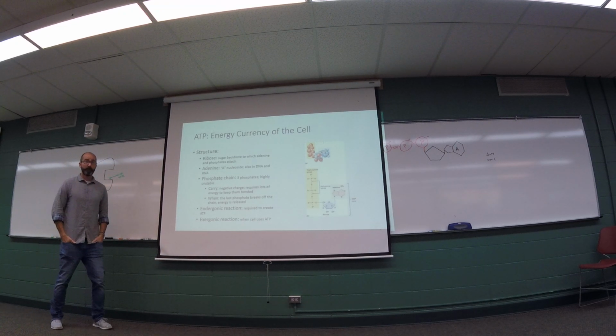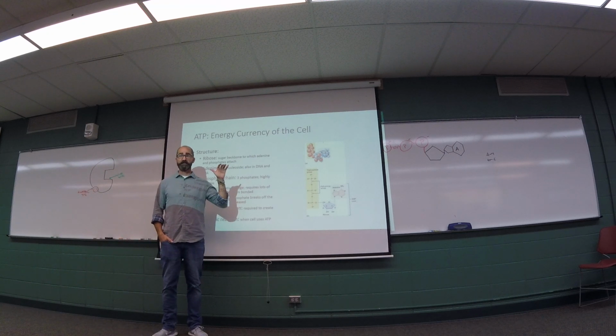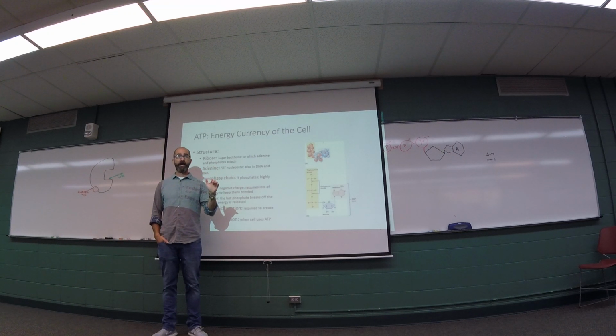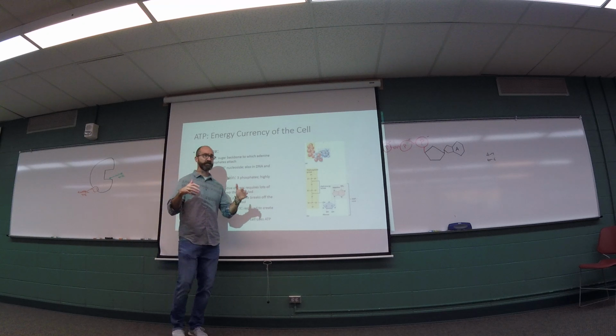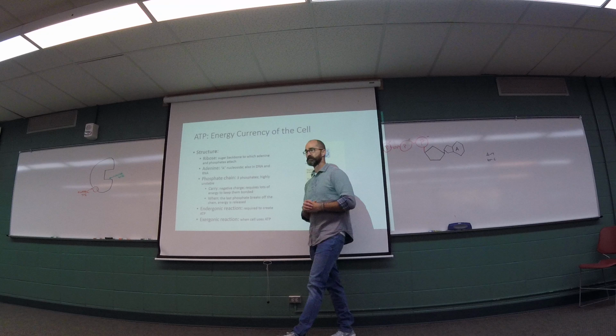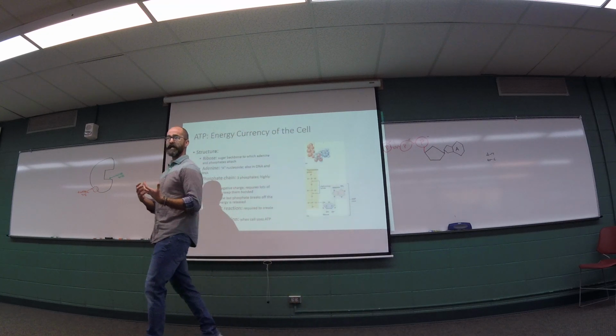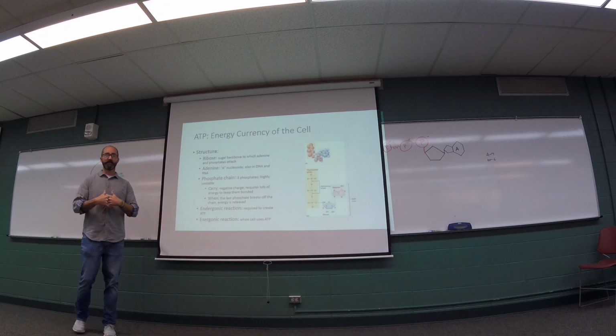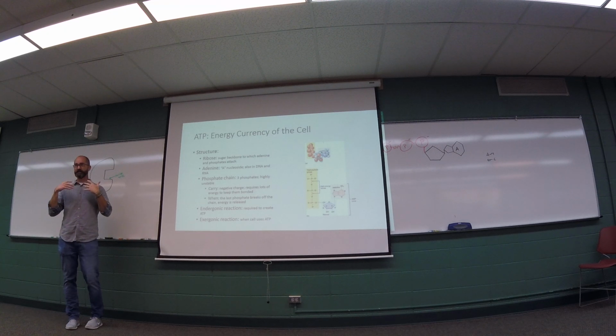So making ATP is inherently an endergonic reaction, right? Because we're investing a bunch of energy to stick these 3 phosphates together. But when we use that ATP, that is inherently an exergonic reaction because a ton of energy is released.